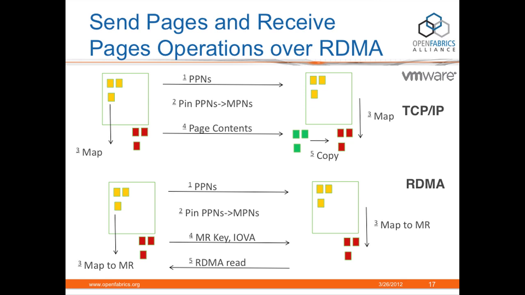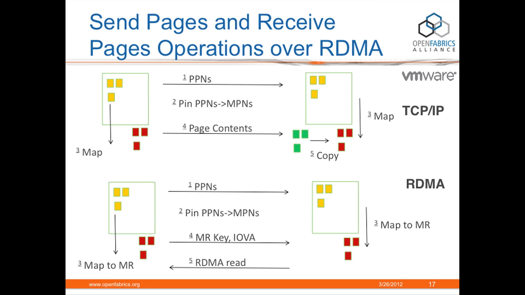In the RDMA case, the first few steps are the same. You send the physical page numbers across, you pin the PPNs to MPNs. Now in the third step, you map the physical pages to memory regions directly, RDMA memory regions, on the source and on the destination. The destination has enough information to be able to do that because you sent the physical page numbers across in step 1.